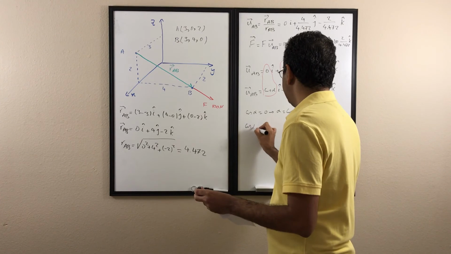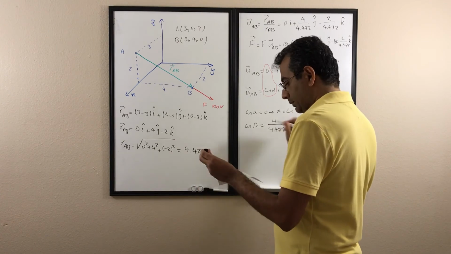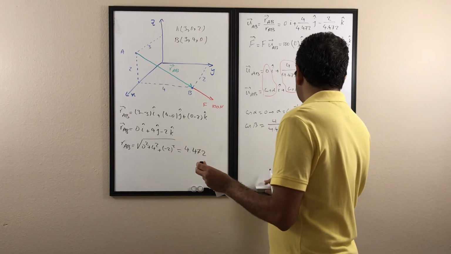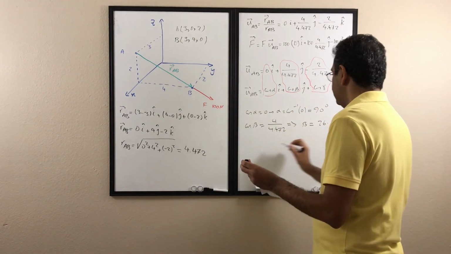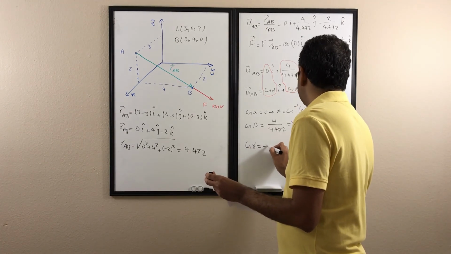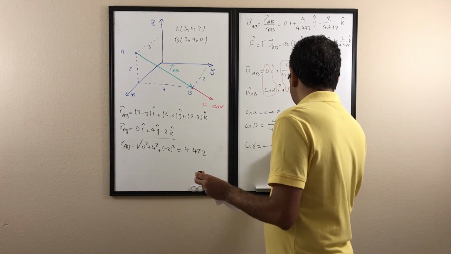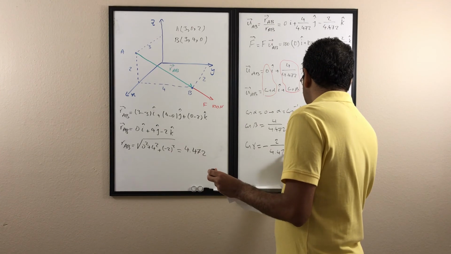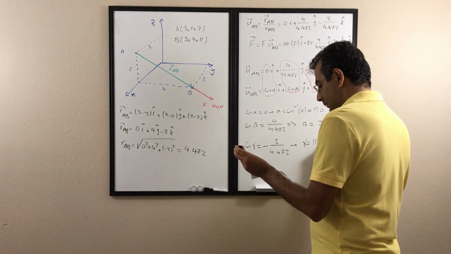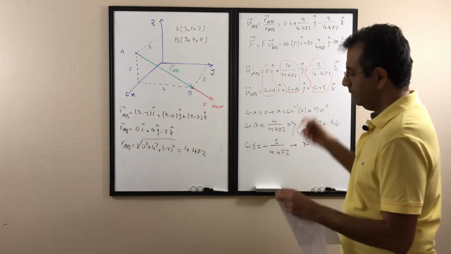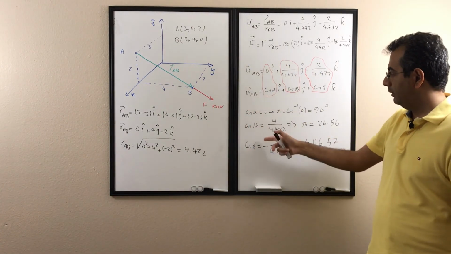The same thing, cosine beta is 4 over 4.472, then beta is 26.56 degrees, and cosine gamma is negative 2 divided by 4.472, then gamma is 116.57 degrees. So this is how we calculate the force vector and how we calculate the direction of that force.